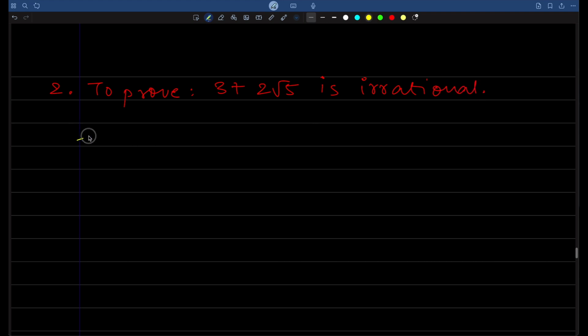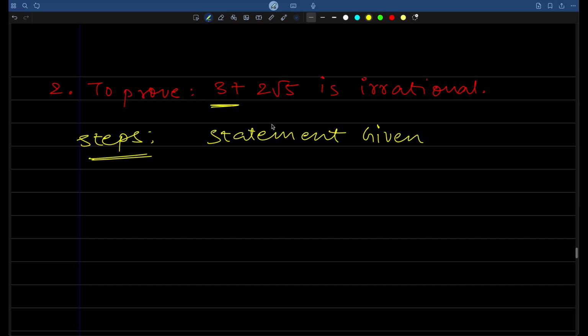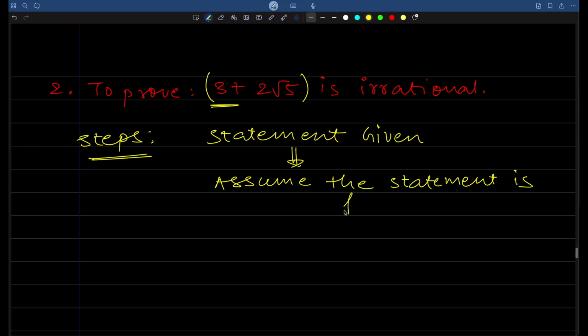The steps that we will follow are: given the statement that 3 plus 2 root 5 is irrational, we will assume the statement is false.